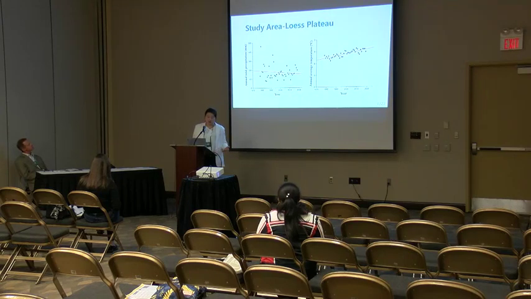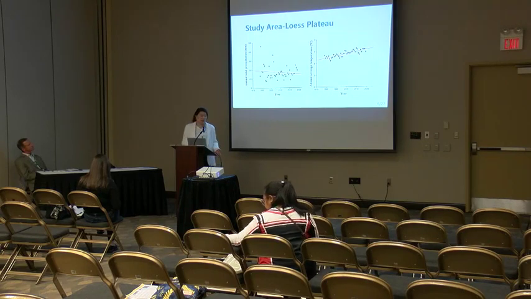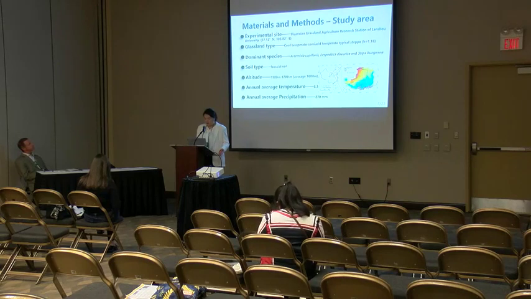Our study area was located in the Loess Plateau in the northwest of China, where rainfall has decreased over the past 15 years and temperature has increased. The experiment site was located at the Huanxian Grassland Agriculture Research Station of Lanzhou University.